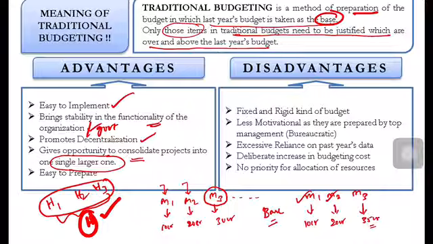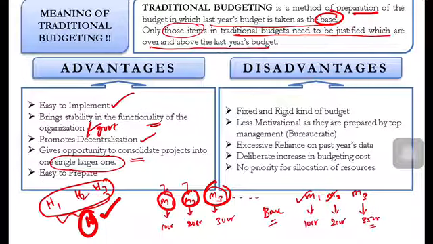Same thing: every year you are doing the same thing, and after 4 years you will understand that in the last 3 years we have allocated different monies for different projects. There is no such need. This year we will consolidate all these projects and bring them into a new one. That is called consolidation of schemes. Different projects which are aiming for the same goal will now be under one goal.